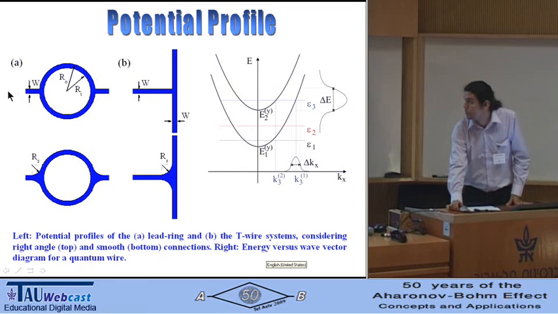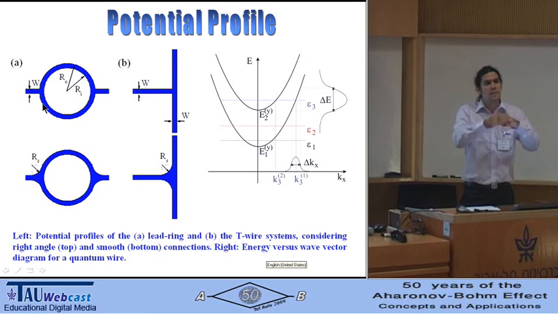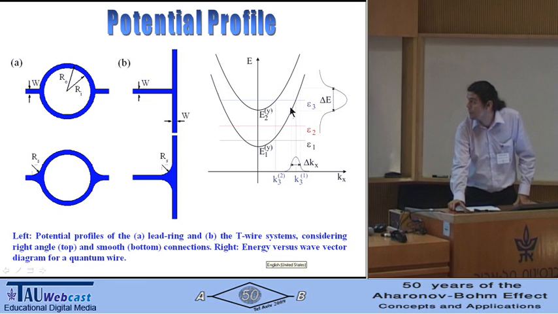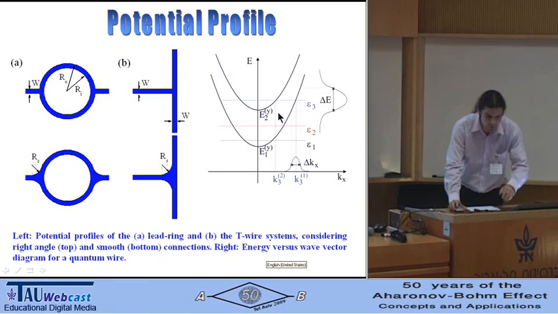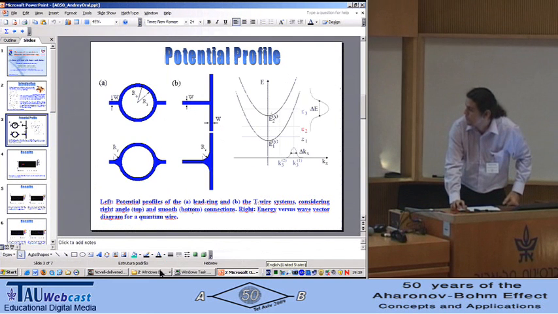When we were working only with a line, the wave packet was locked in one subband. But now, as we have a quantum well, the wave packet, if it has enough energy, can be scattered to other subbands. So I'd like to show some movies of this time propagation of the wave function.